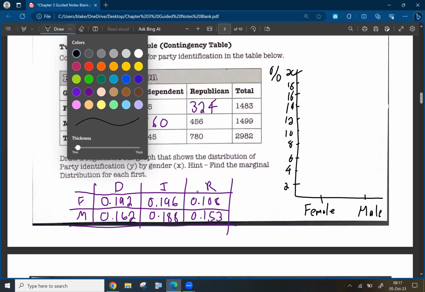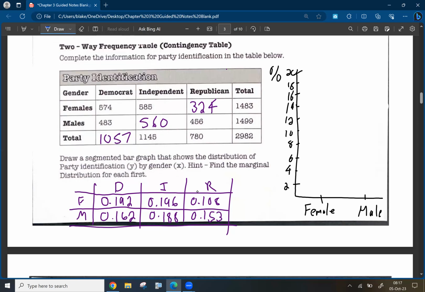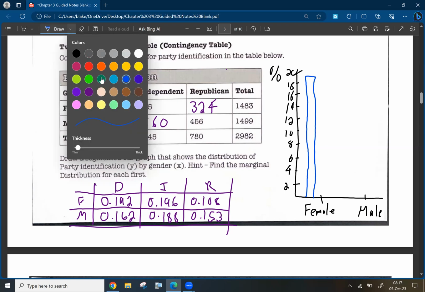So we're going to do female Democrat first. Female Democrat was 0.192, so slightly under the 20. So we're going to make a bar for female going up to nearly 20. Not quite, but nearly. Then right next to it, we're going to put female independent, which is 0.196.